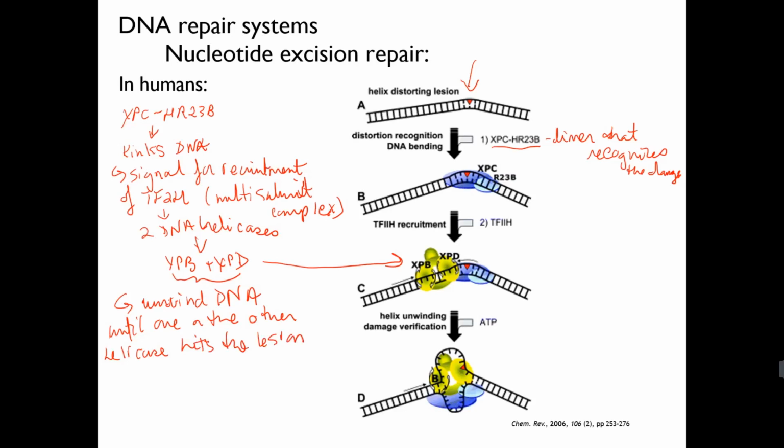So really, this unwinding serves as the lesion verification step. Once one helicase hits the lesion, the second helicase will continue to unwind until approximately 20 base pairs are unwound.